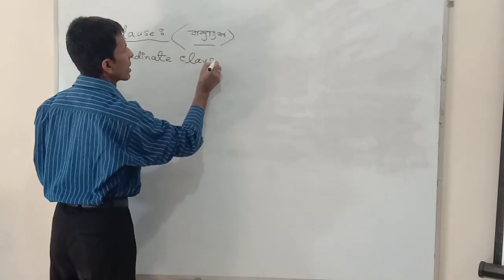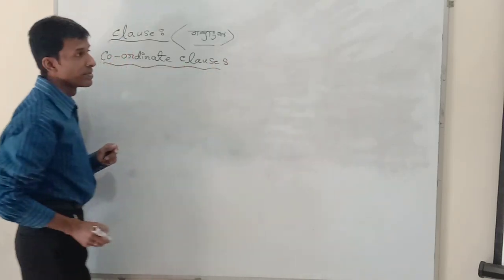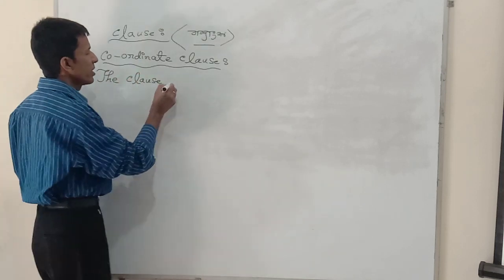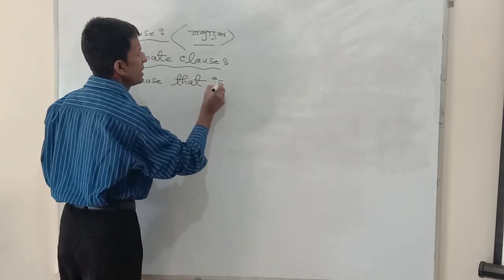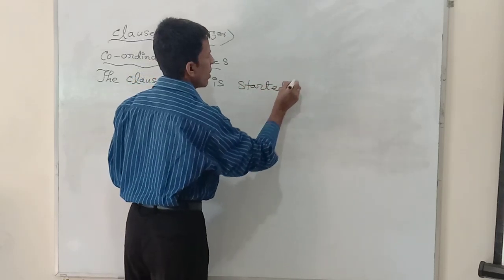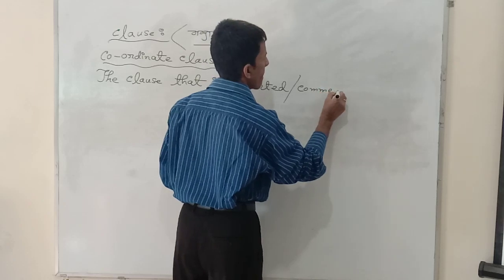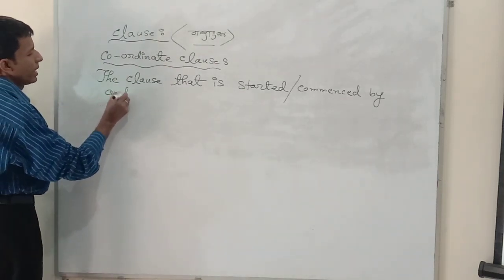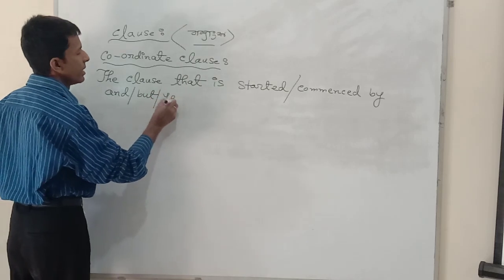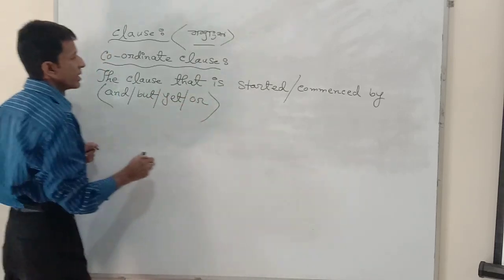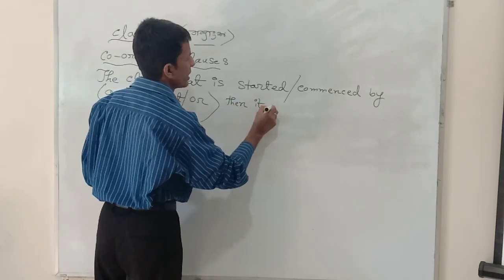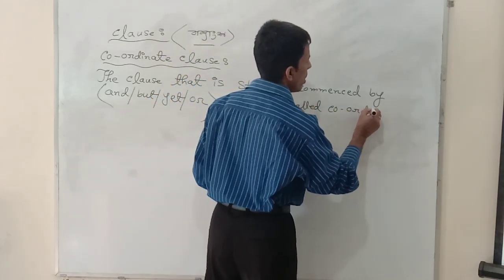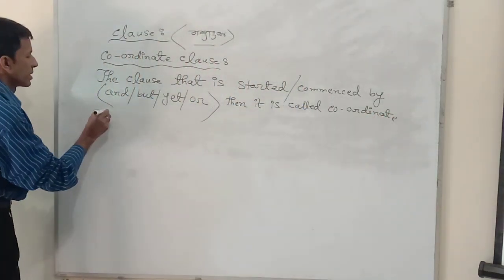The clause that is commenced or started by and, but, yet, or, then it is called coordinate clause.